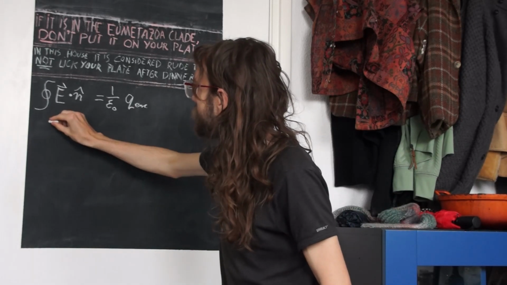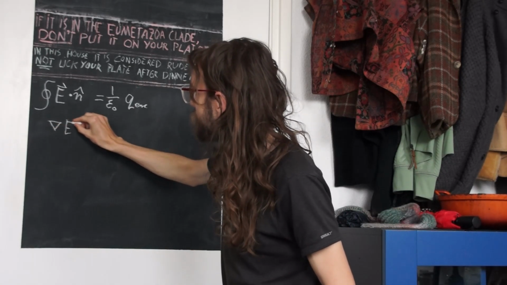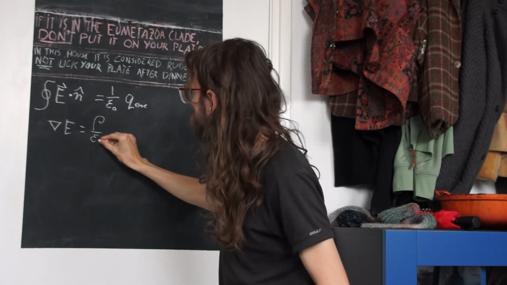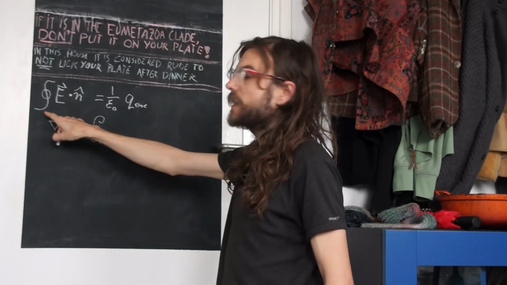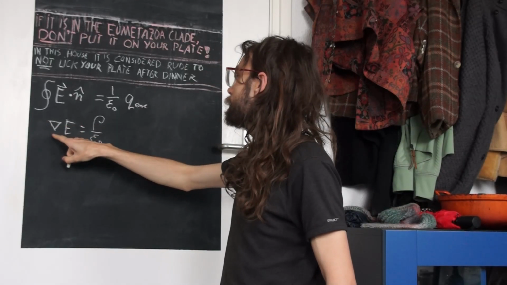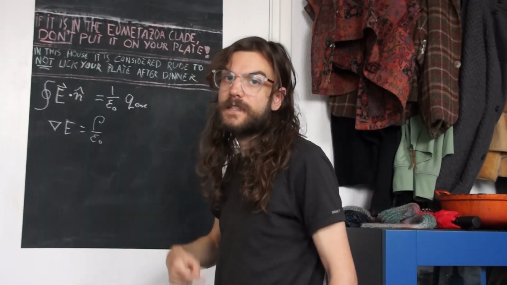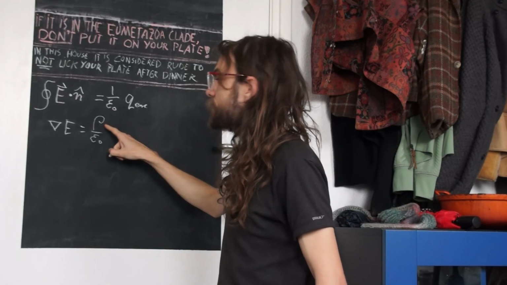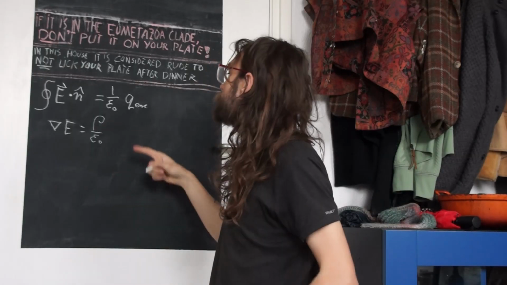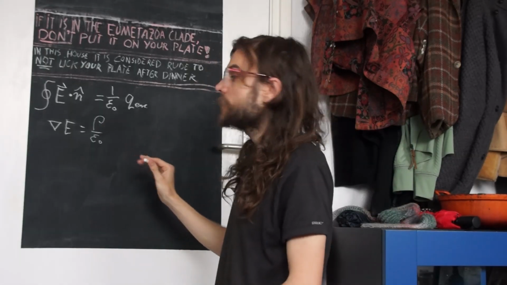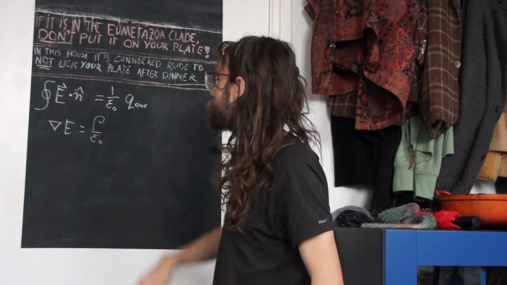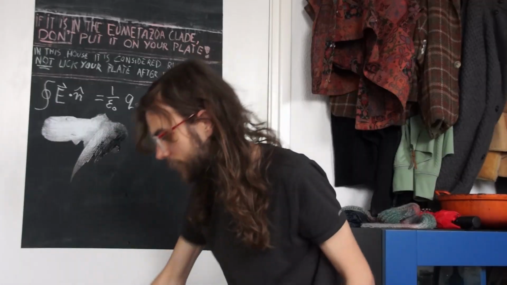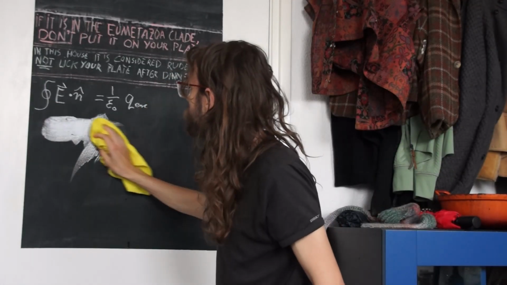Sometimes you also see it in the integral-less form, which looks like this, where because this holds for any volume, you can take the derivative, which is in this case a divergence, and rho is the charge distribution, so that's like the charge but smeared out, and the epsilon is just the same. We're going to use the integral form though, so don't worry about it if you don't know what the divergence is.